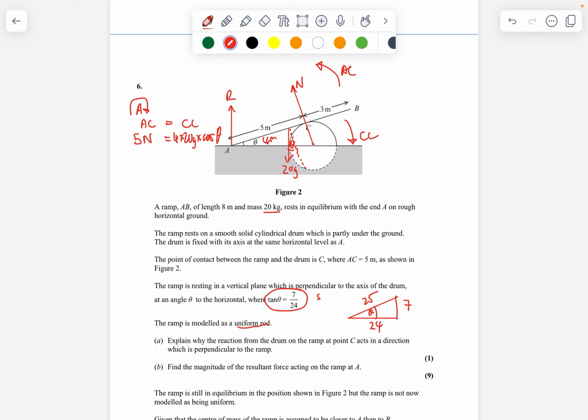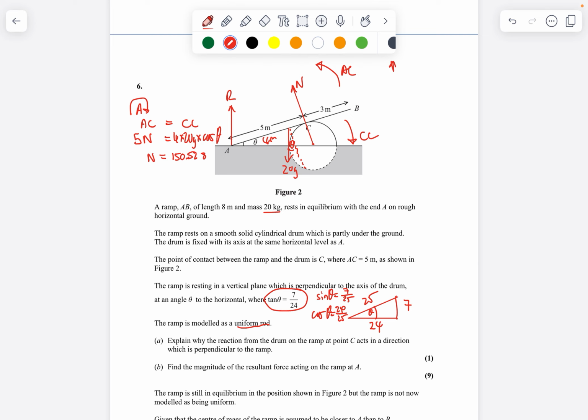So that means that sine of theta is 7 over 25, and cosine of theta is 24 over 25. Right. Okay, so now I can replace my cosine of theta, and I can work out that N is 150.528. Okay, so that's one of my unknowns found.